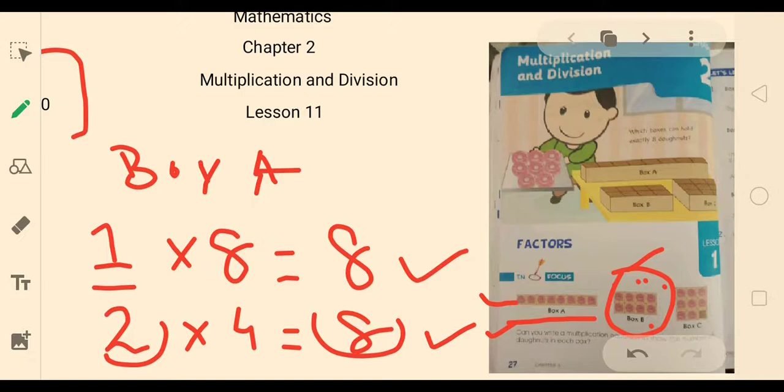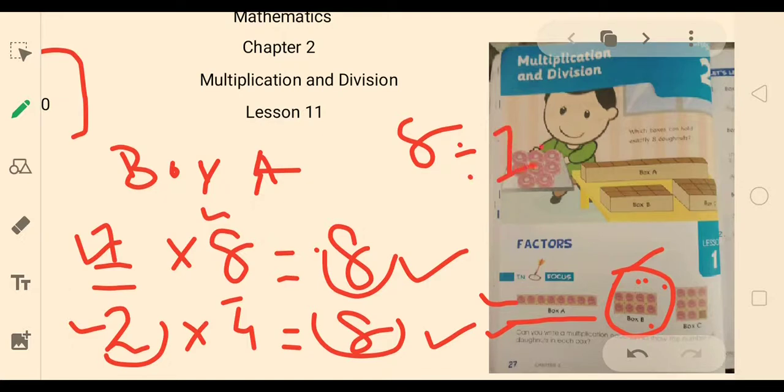Now look at over here. 1, 8, 2 and 4. These are all factors. Why? Because what is the final answer here? 8. When you divide 8 by 1, the answer will be 8. When you divide 8 by 8, the answer will be 1.